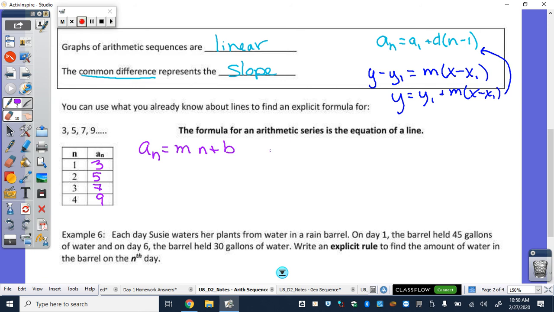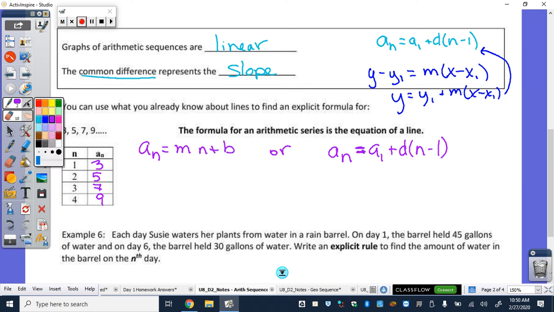Or you can use the new formula that we've been going over. So this is kind of like what we were doing last time over here, where you'd figure out your slope. So in this case, what are these always going up by? Plus 2, so this would be a 2n.